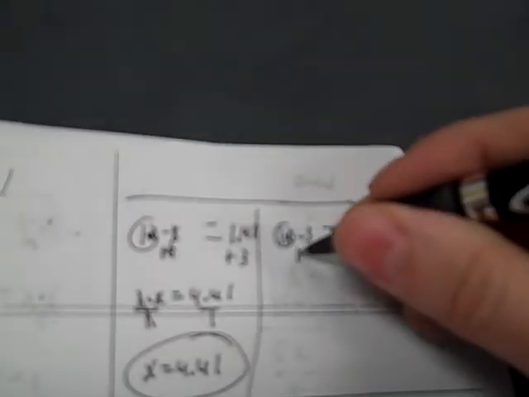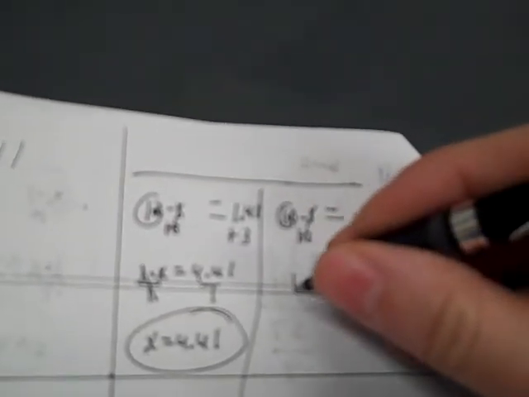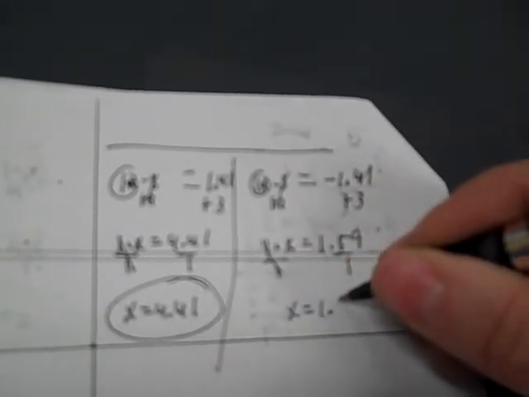Okay, then I plus 3, but this time I punch in negative 1.41, and I plus 3. Whoops. 1.59, so 1x equals 1.59. Then I divide by 1, and x is 1.59.